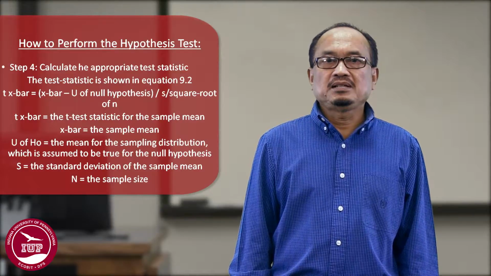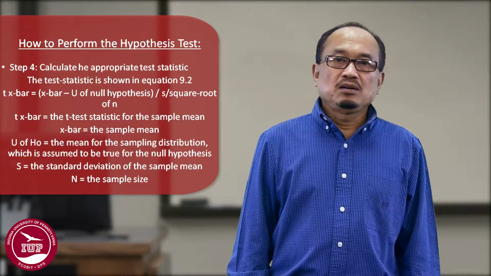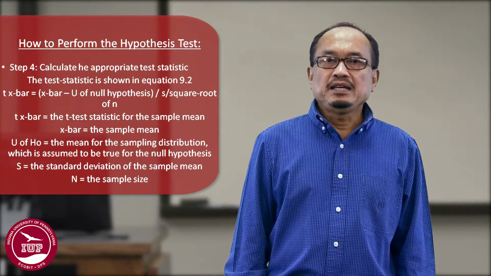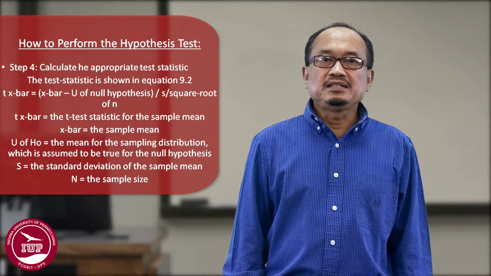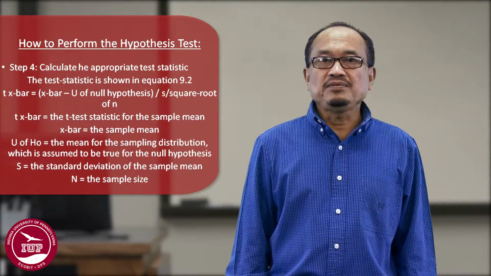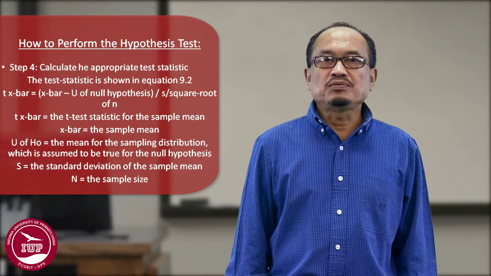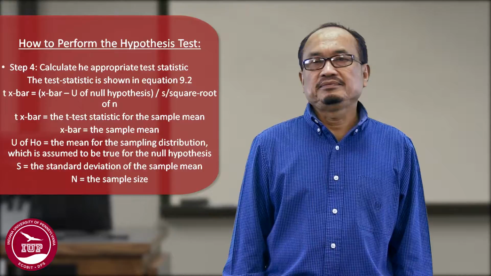In this example, x bar equals 4.2 minutes and the standard deviation of the sample equals 1.42 minutes. Therefore, the t test statistic is equal to 4.2 minus 5, divided by 1.2 divided by the square root of 12, which equals minus 1.95.